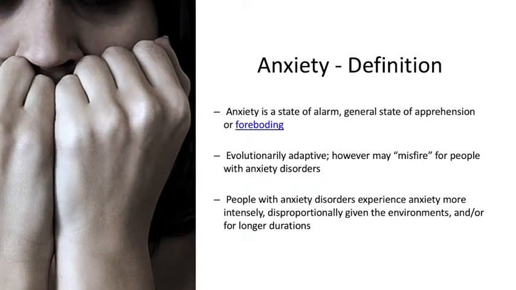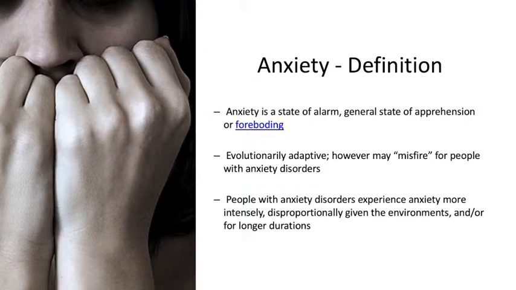Anxiety is defined as a state of alarm or this general sense of apprehension or foreboding that is specifically designed to tell you that there is some kind of threat in the environment. That is, anxiety is this tension or this feeling that you get when your brain perceives there is some kind of threat in the environment.